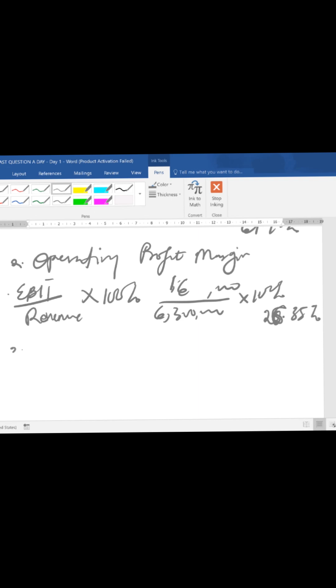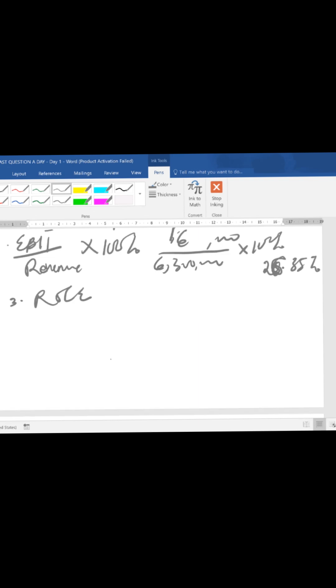Then we move on to the third one, our ROCE rate, that is return on capital employed, which you can easily even derive the formula from its name, return from capital employed, meaning the returns we have been able to ascertain or derive from the capital we have employed in doing our business.